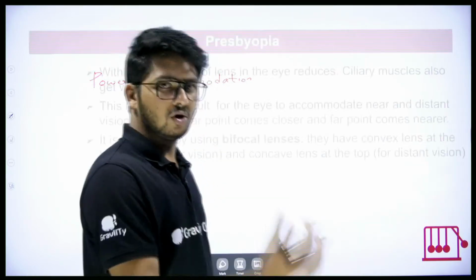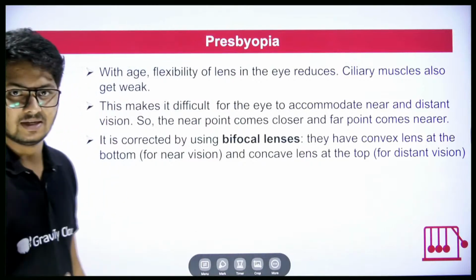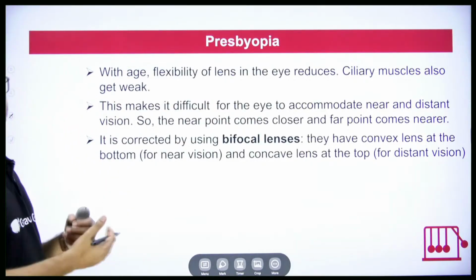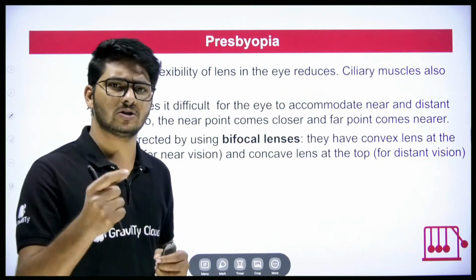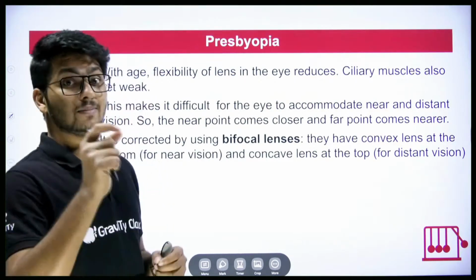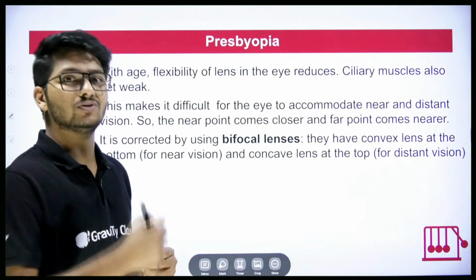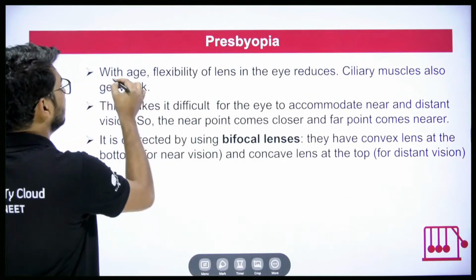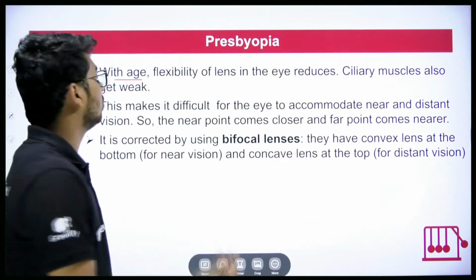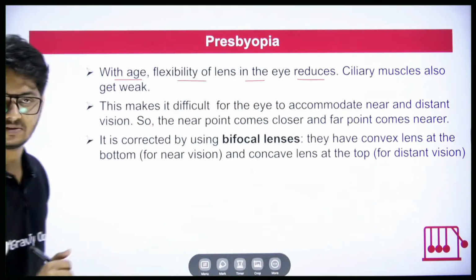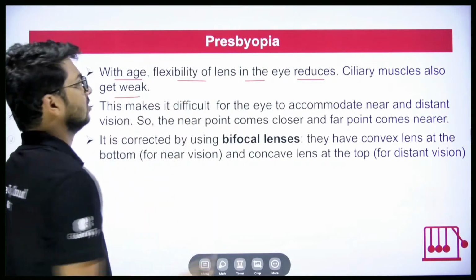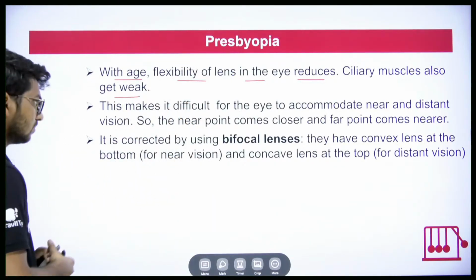As you grow old, flexibility reduces, whether in the ciliary muscles or the eye lens itself. With age, the flexibility of the lens reduces, and the ciliary muscles also get weak.